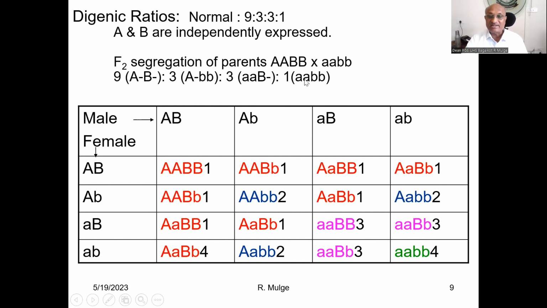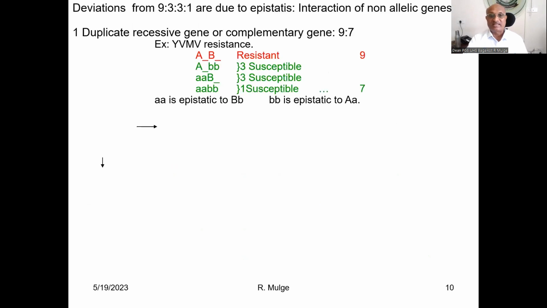9:3:3:1. Any character you take, you will get this kind of ratio, and that is very useful for the breeder to make selections, to decide on the backcross, or to decide on the population size. So I am just telling you about deviation from 9:3:3:1.